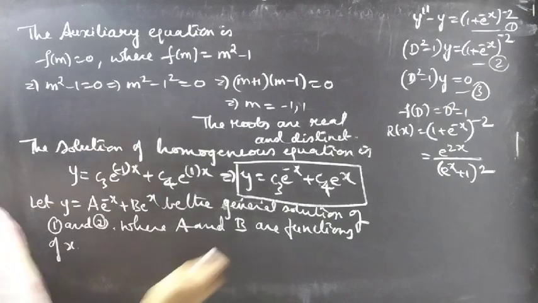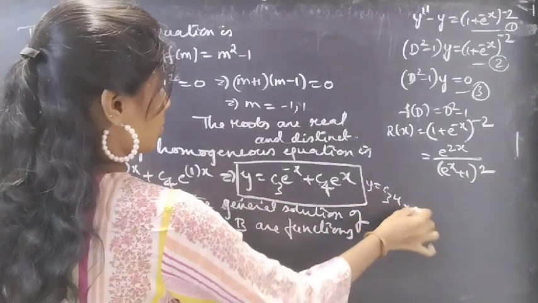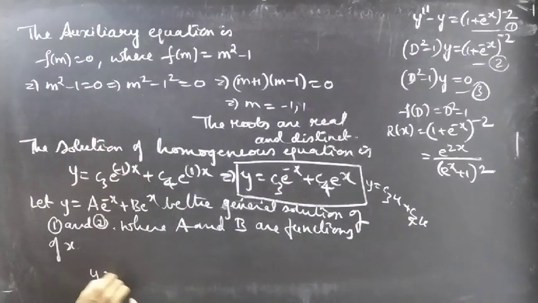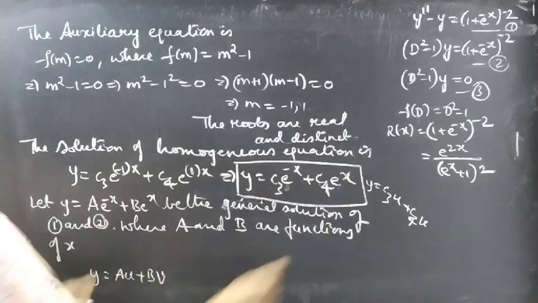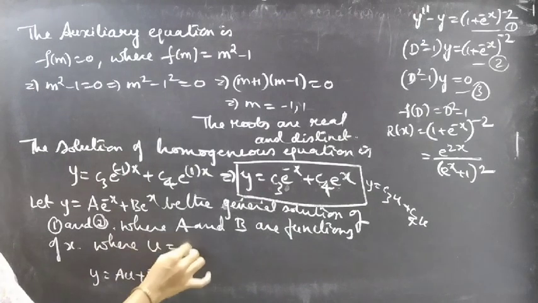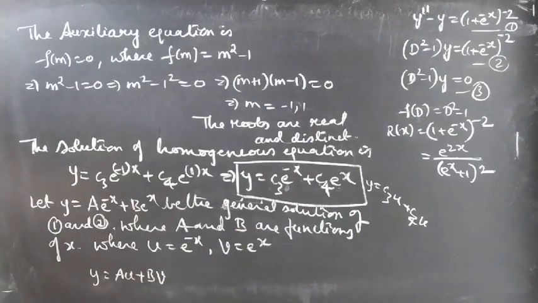Here we can compare this solution with y equal to c3u plus c4v, or this with y equal to au plus bv, so that we'll get u and v, where u is e power minus x and v is e power x. Right?